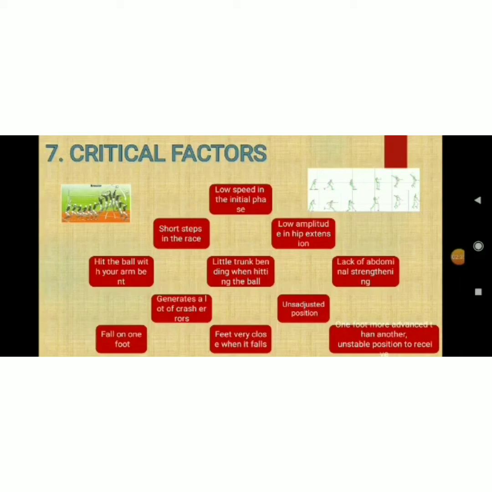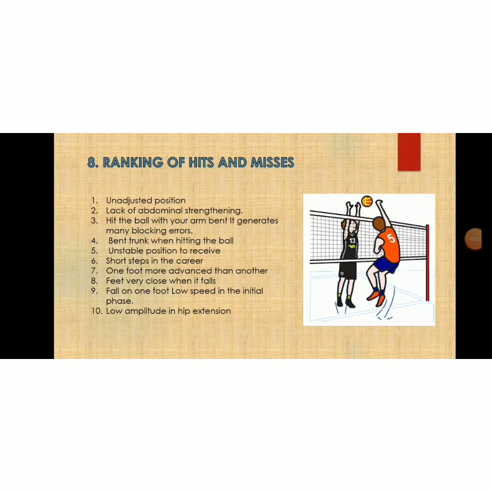Falling on one foot, using adjusted position, feet very close when it falls. One foot more advanced and another in an unstable position to receive. Errors in hits and misses.